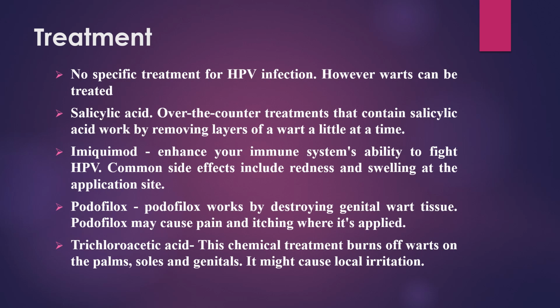Podophyllotoxin works by destroying genital wart tissue. It may cause pain and itching where it's applied. Trichloroacetic acid. This chemical treatment burns off warts on the palms, soles and genitals. It might cause local irritation.